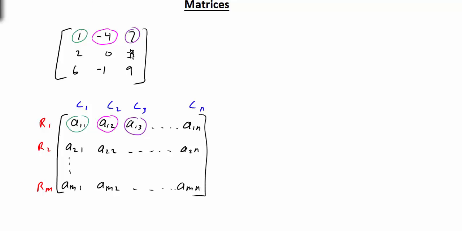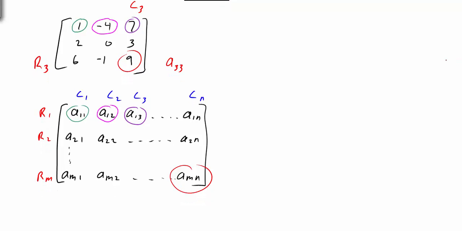For example, that would apply to the number 9 in our example, which for this example would be a33, because we're looking at row 3 and column 3.